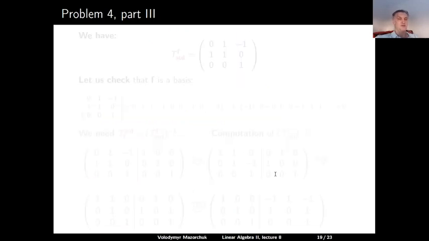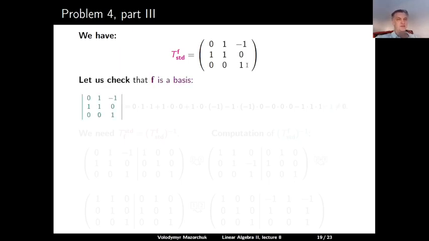By definition, the transformation matrix from the standard basis to F is the matrix with columns 0, 1, 0; 1, 1, 0; -1, 0, 1. This is because F consists of x, 1 plus x, and -1 plus x squared. Let us check, just to be sure, that F is a basis.